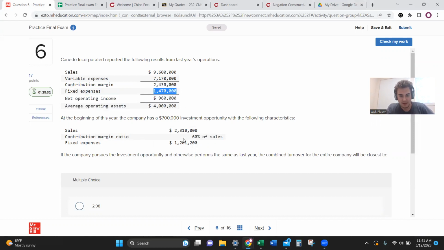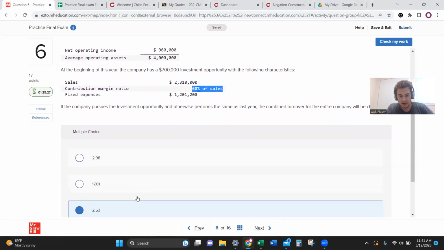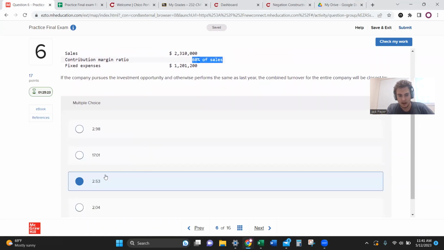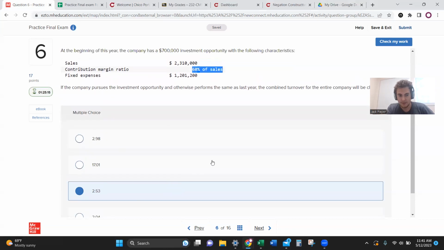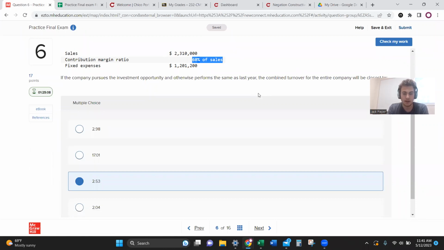But it just means that you want to move a lot of volume, right? So it's advantageous to have a turnover like this because for every dollar of invested capital, you get $2.53 in sales, basically. And then for every $2.53 of sales, you get to keep 60% of it. So you can see how these things are important for decision making.